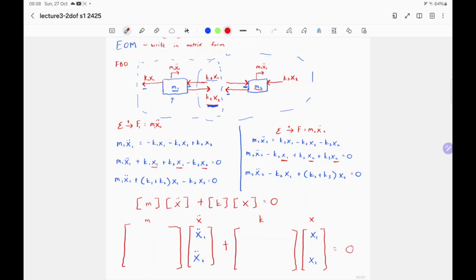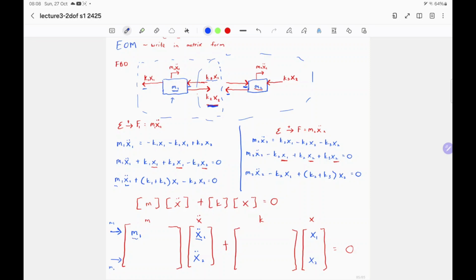Now we just put in the values. So this row represents mass number 1, and the second row represents mass number 2.